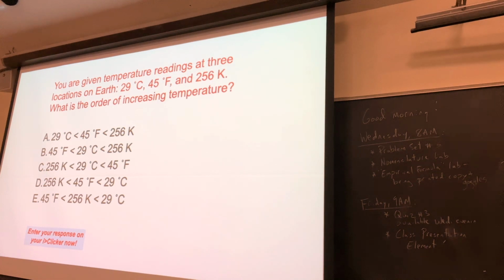Celsius values can be negative. Kelvin temperatures will never be negative. So here, if you take 256 and subtract that, that would give you the Celsius. So I would try to work towards the Celsius units here, and then convert around there. See if you can find which one of these is the order of increasing temperature. And we'll talk about it here in a little bit.